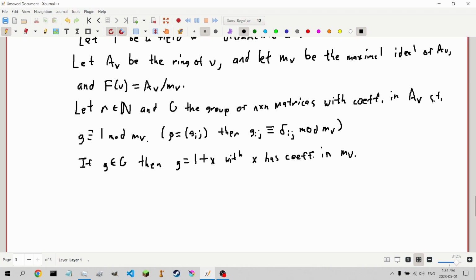Essentially, we're splitting up our element from the matrix to its image, which we know is 1, and what's getting thrown away, which is X.